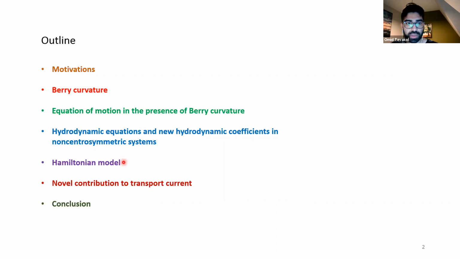Finally, I want to use a simple Hamiltonian model to calculate these coefficients analytically and see the novel contribution to transport current.